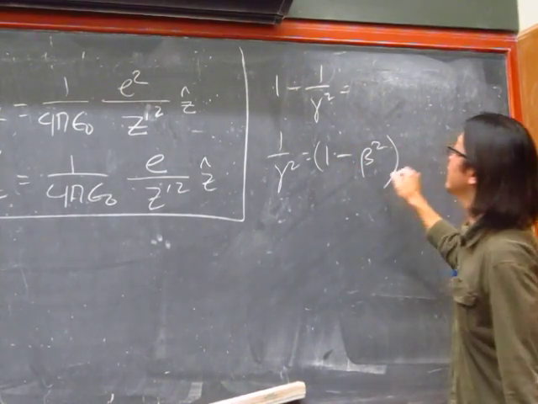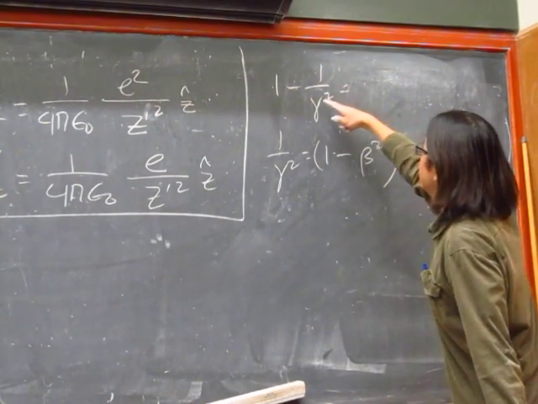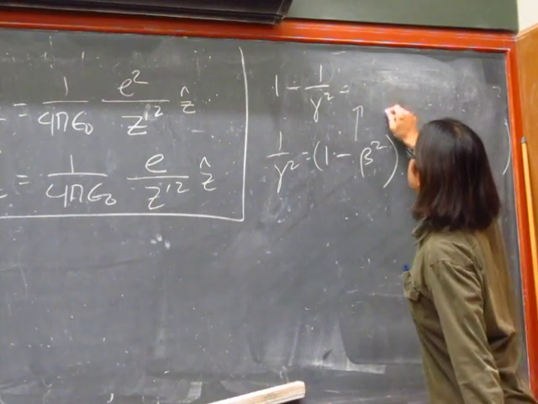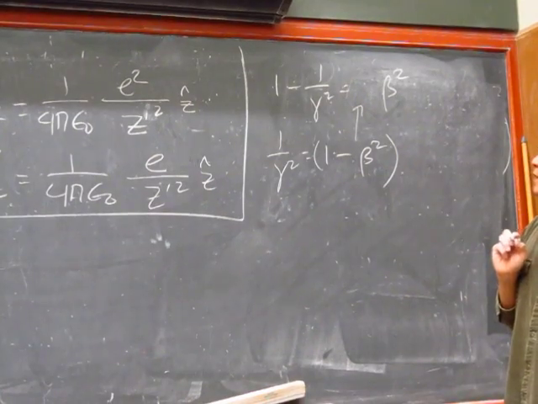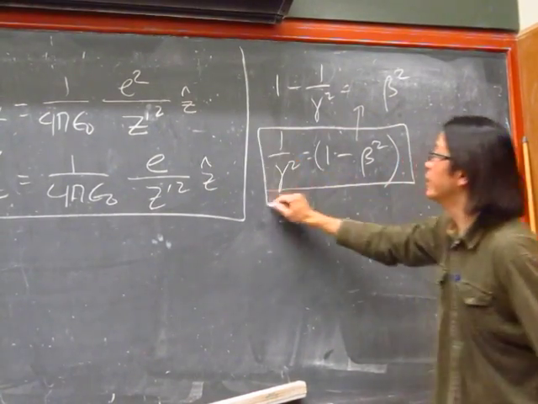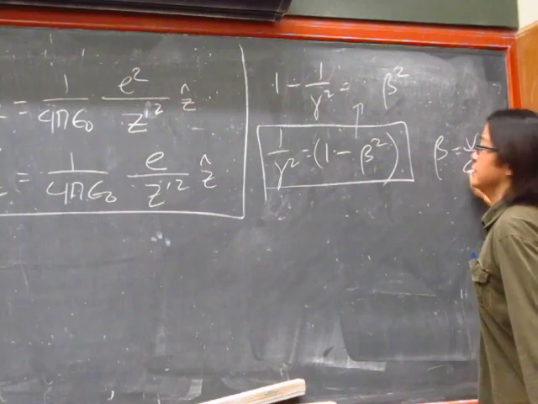So 1 minus 1 over gamma squared then becomes beta squared. Beta, by the way, is v over c.